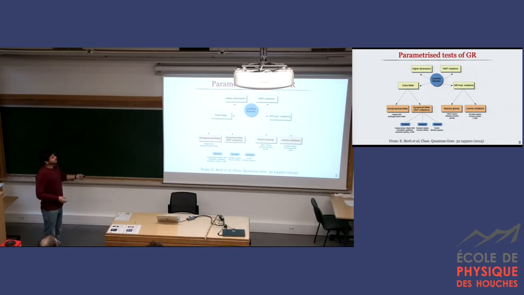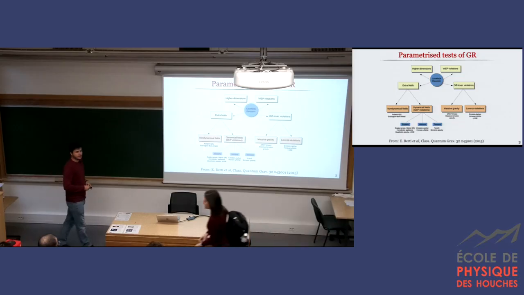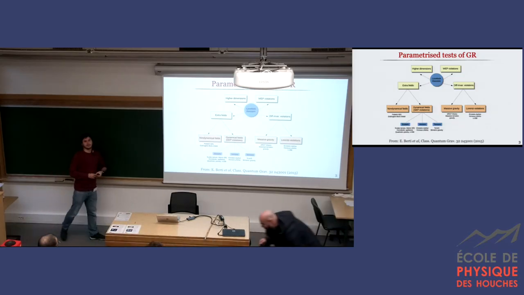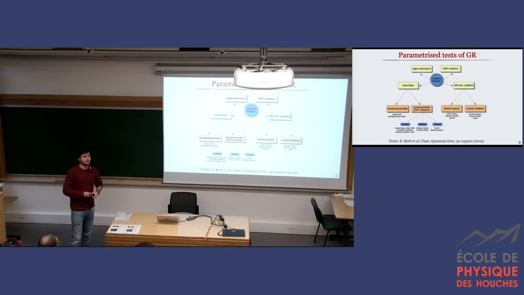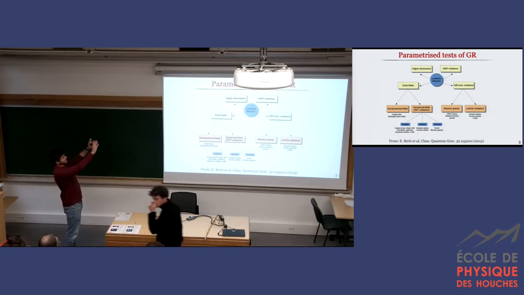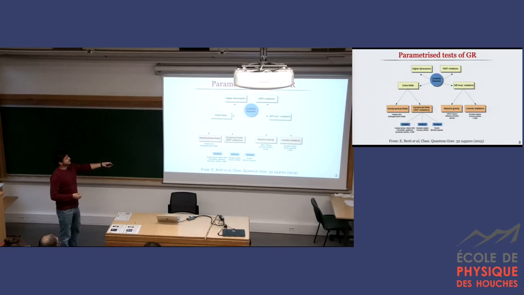And so when you want to modify GR, you can do it in many ways, in particular adding extra fields, going to higher dimensions, breaking some symmetries of the theory, etc. Although in this way of writing things, it looks like there are not that many theories.